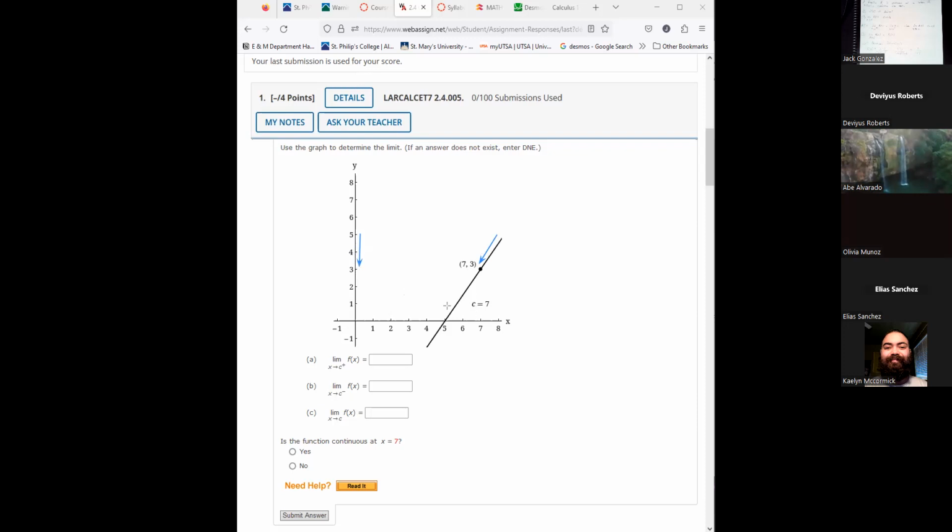Yes. When we approach from the left, the y value is approaching 3.